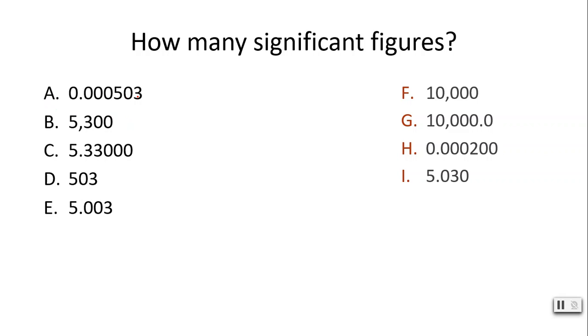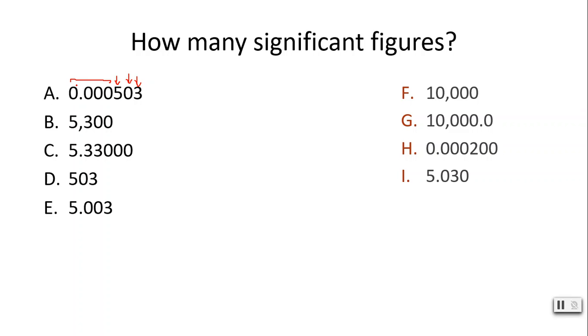So for the first number, I see I have two non-zero numbers, so those are automatically significant. I have a zero in between those two non-zero numbers, so that zero will be significant. Then I have these guys. Those zeros are considered leading zeros because they are to the left of the first non-zero number.